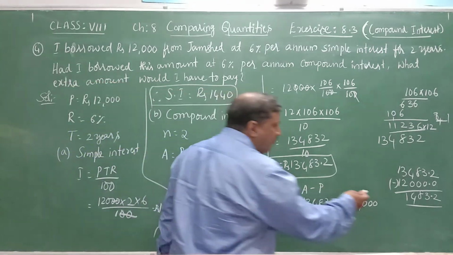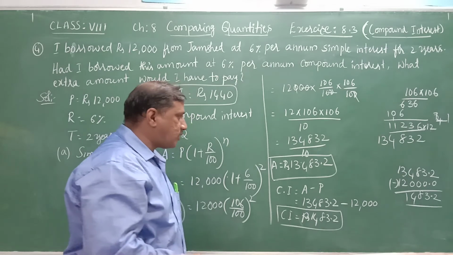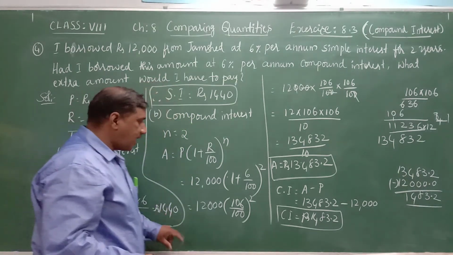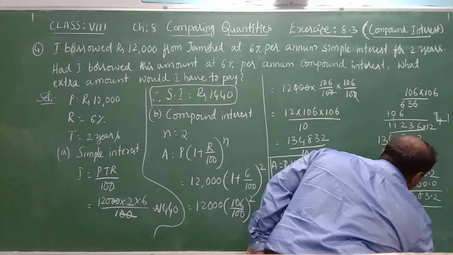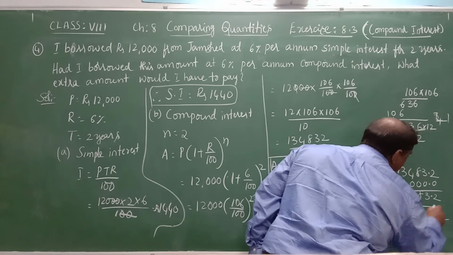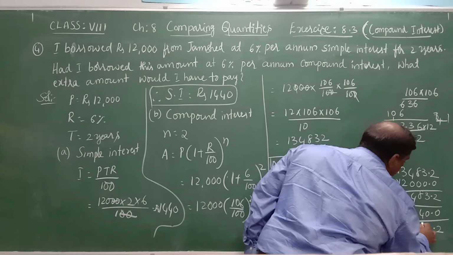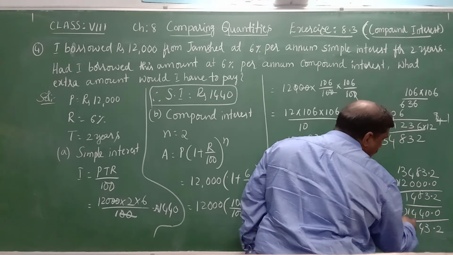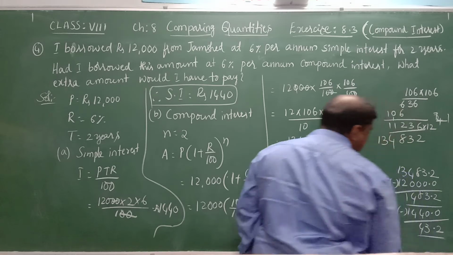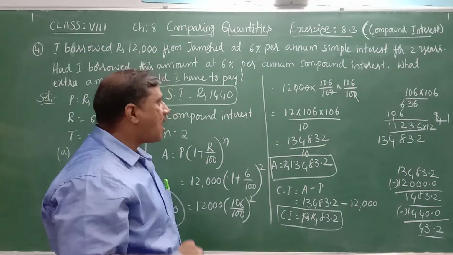That is 1483.2 minus 1440. So what do we get when we subtract this? 2 minus 0, 2. 8 minus 4, it is 4. 4 minus 4, 0. 1 minus 1, it is 0. So how much is it? 43 rupees 20 paisa he has to pay more.